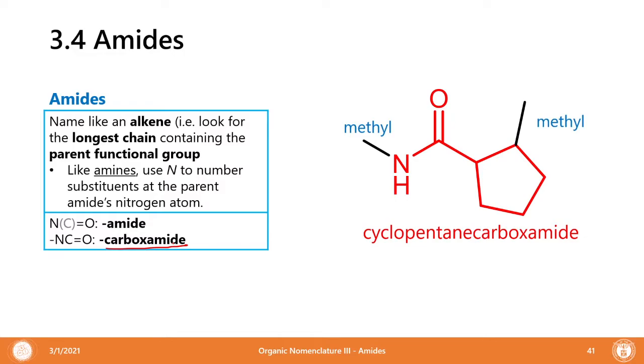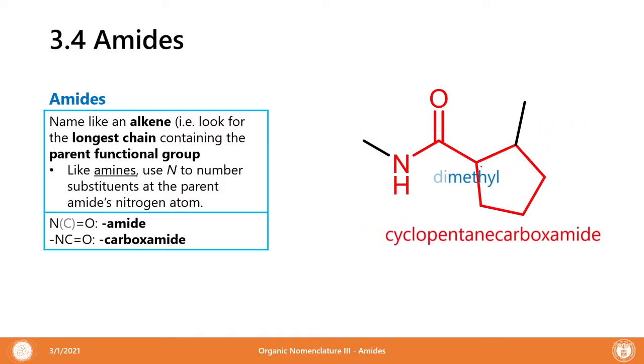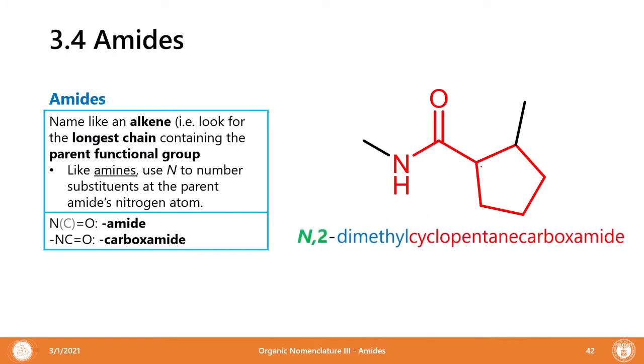And then we do low-count numbering, setting it number 1 at the alpha position right here. Okay, and building the name, we get N,2-dimethyl cyclopentane carboxamide. So if we have two methyl groups, even if one is on the nitrogen atom, we can combine them to make a dimethyl group. So N,2-dimethyl cyclopentane carboxamide.